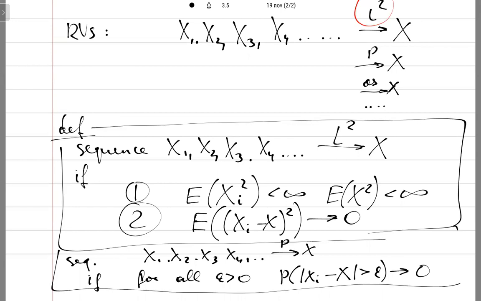So there are many modes of convergence and they are different. I will provide you only one example to show that the same sequence may converge in one sense and not converge in another sense if we speak about random sequences. When we speak about numeric sequences, there is only one mode of convergence.